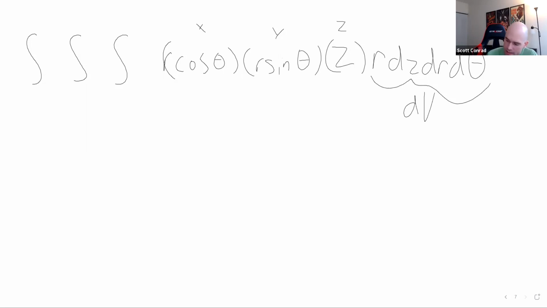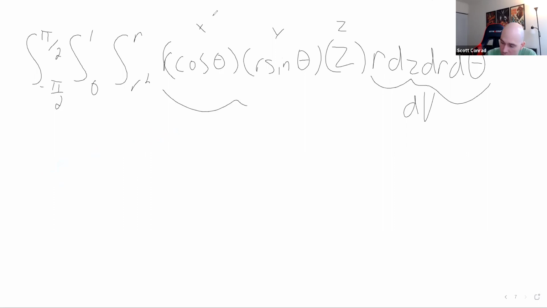And then we have, okay, z first. Z goes from r squared up to r. R, we said, goes from 0 to 1. And theta goes from negative pi over 2 to pi over 2. So just multiplying everything through, let me not even do that.